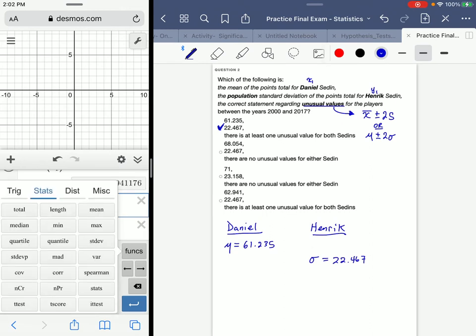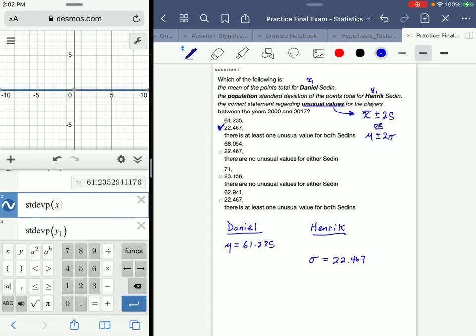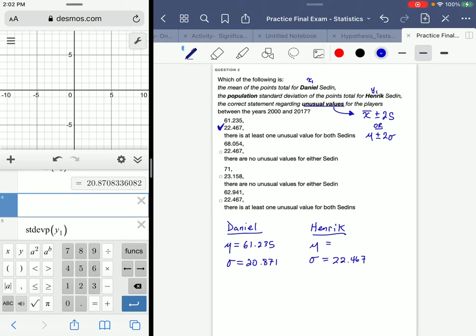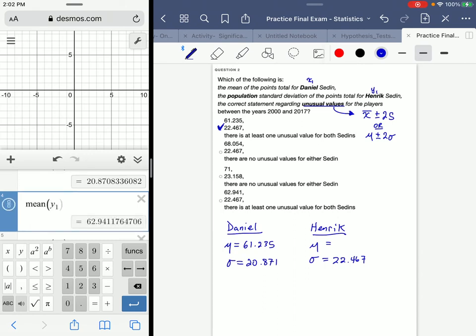Standard deviation for Daniel, X1 is what I wanted, 20.871, and let's get the mean for Henrik. That's Y1. So 62.941. To figure out usual versus unusual, I would compute mu plus or minus 2 sigma for each of these.